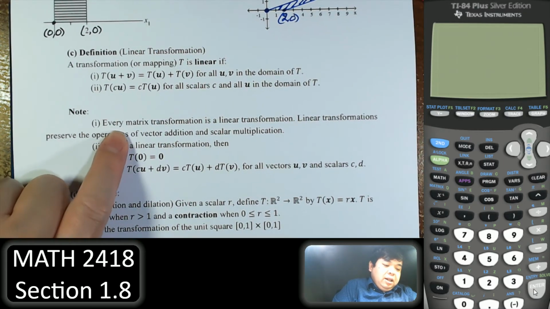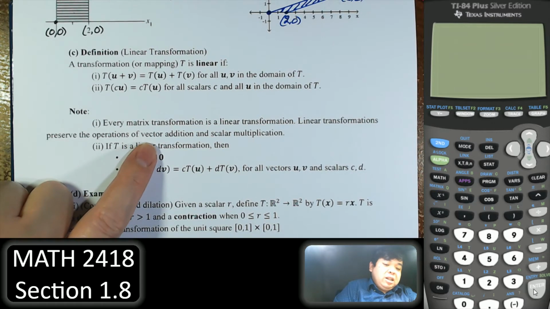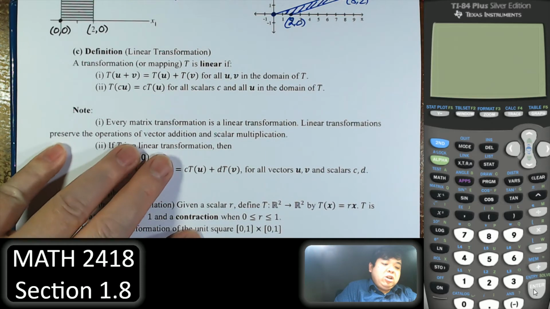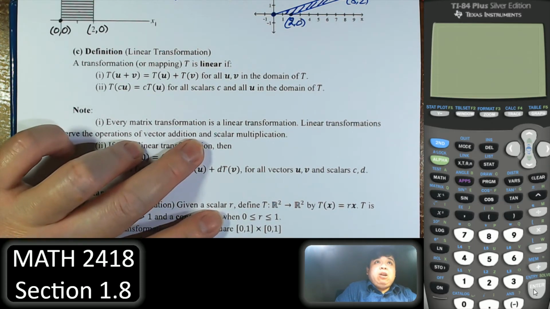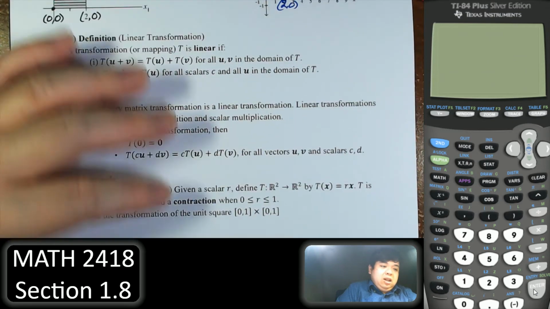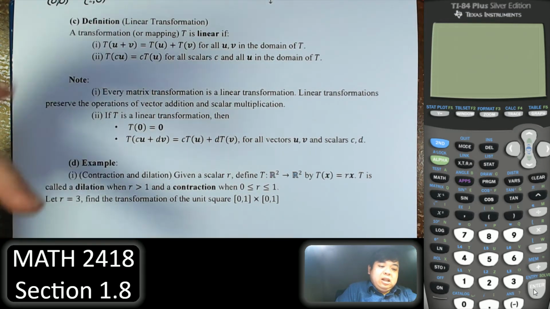Next, here's something important. Every matrix transformation is a linear transformation. A linear transformation preserves the operations of vector addition and scalar multiplication. So when we have a matrix like this, it is called a linear transformation. Every matrix is a linear transformation.